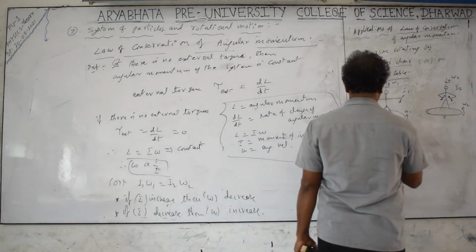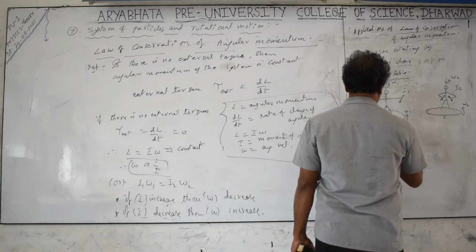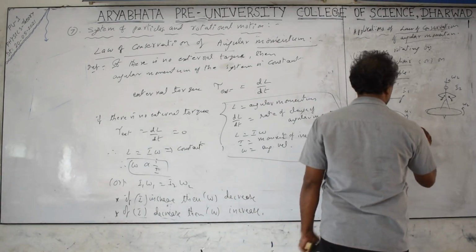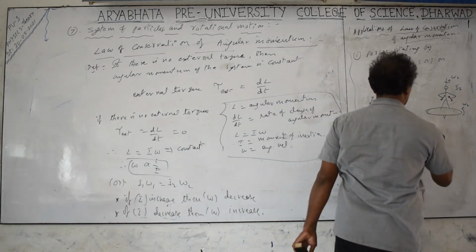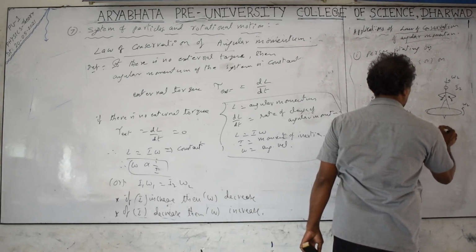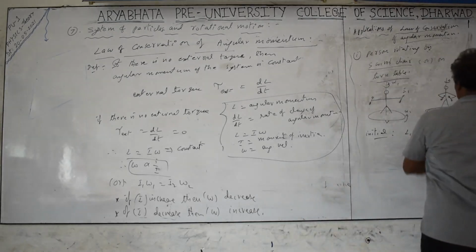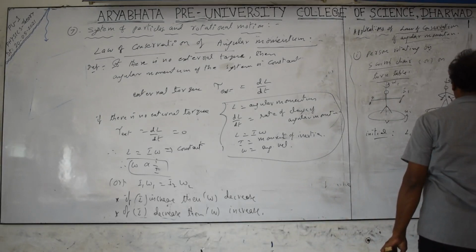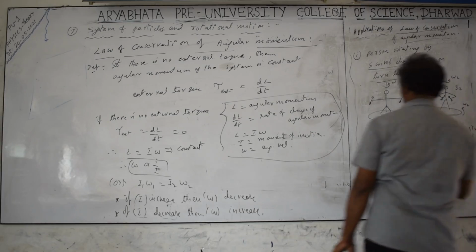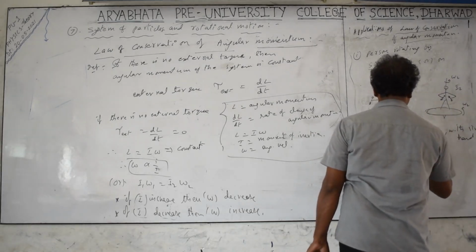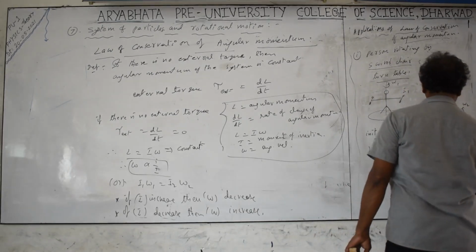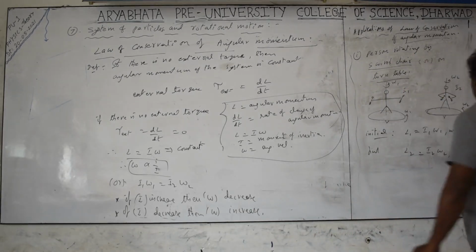Here, the initial value is L1 equal to I1 omega 1, with hands stretched, and the final value is L2 equal to I2 omega 2, with folded hands.